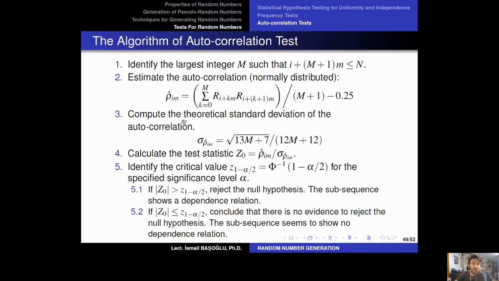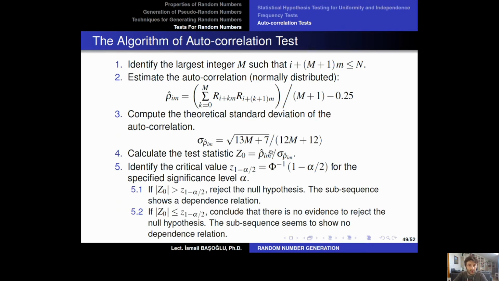Now, we also need to calculate the theoretical standard deviation of this autocorrelation. This autocorrelation is normally distributed according to this formulation, because this is basically a sum of random values and the average of random values. According to the central limit theorem, the sum or the average of independent random values is normally distributed. And we need to determine the standard deviation for this normally distributed statistical estimate, which is just equal to the square root of (13m plus 7) divided by (12m plus 12).